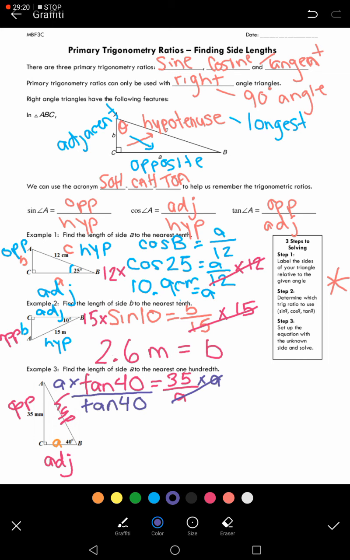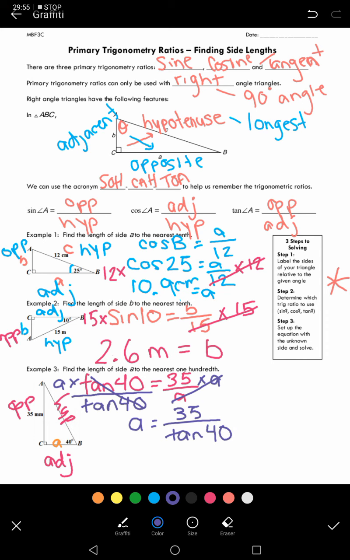I'm not dividing by A, because my goal is to get A by itself, so I need to get rid of anything attached to A. When I do tan 40 divided by tan 40, I get 1, so we can cancel these out. What I do to one side, I have to do to the other, so I must also divide my other side by tan 40. Now I'm left with A equals 35 divided by tan 40.